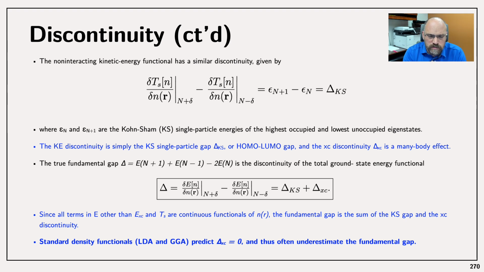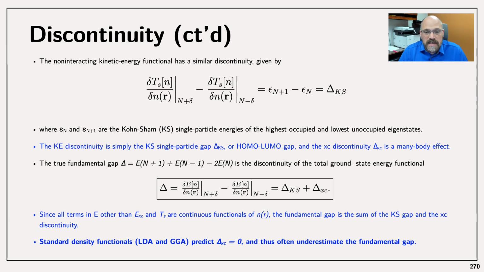In other words, to summarize all this, the exact band gap, the capital delta, is not just the delta Kohn-Sham, but also a contribution from the fact that the derivative of the exchange correlation functional is not continuous. This discontinuity is quantified by delta Xc.